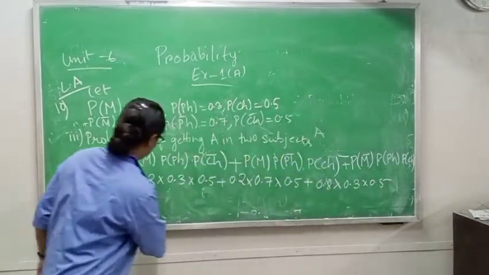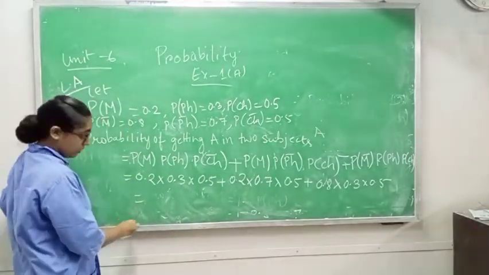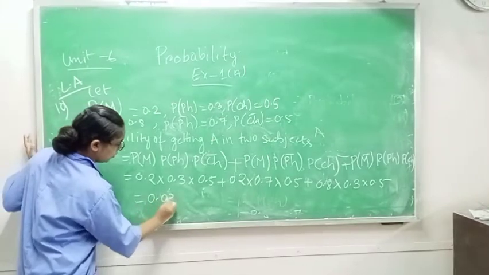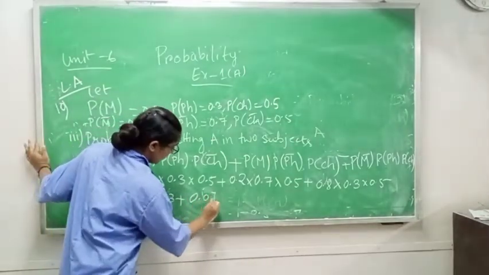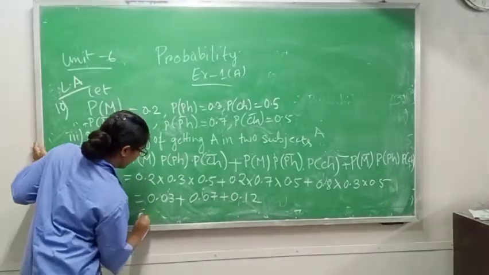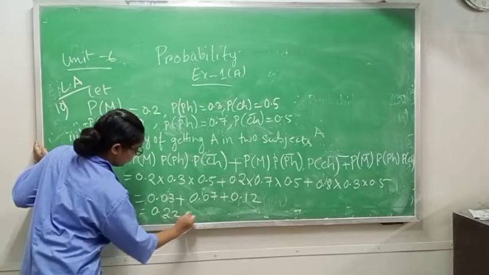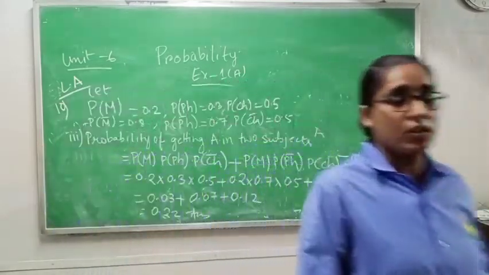Now solve this one. You will get 0.03 plus 0.07 plus 0.12. It means you are getting 0.22. Okay, complete this one.